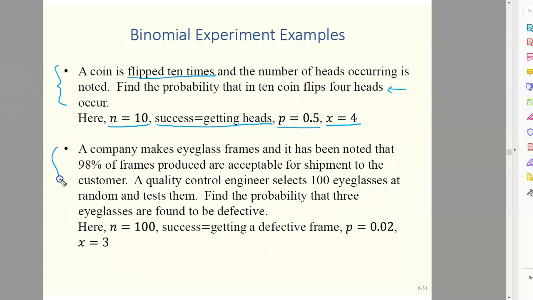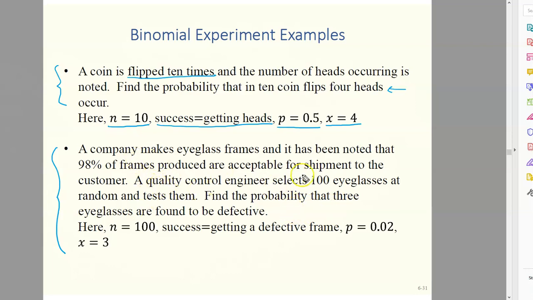Here's another example. Here we have a company that makes eyeglass frames, and it's been noted that 98% of the frames produced are acceptable. A quality control engineer selects 100 glasses at random and tests them. Find the probability that 3 eyeglasses in the 100 selected are found to be defective.